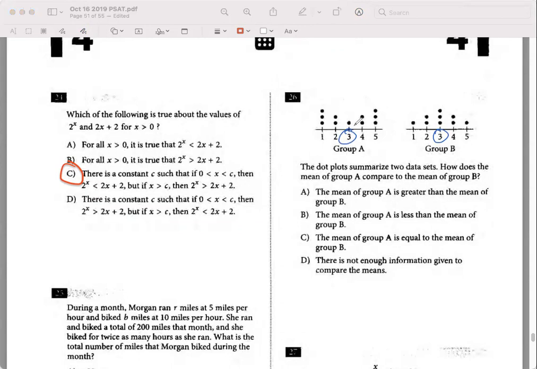So those cancel out in the sum. And you have 3 points, 2 units to the left, and 3 points, 2 units to the right. So when you sum it, those will cancel out. So this would be the mean, 3. And then you see a similar distribution here, 2 here, 2 here, 1 here, 1 here. So those will cancel out and the mean will still be 3. So the mean of group A is equal to the mean of group B, option C.